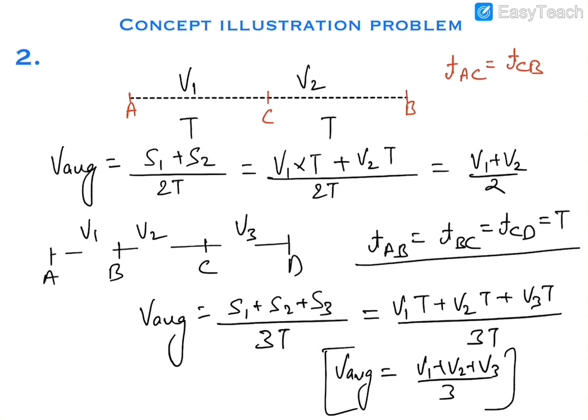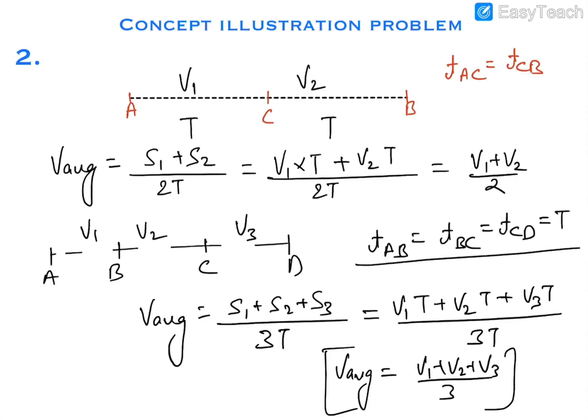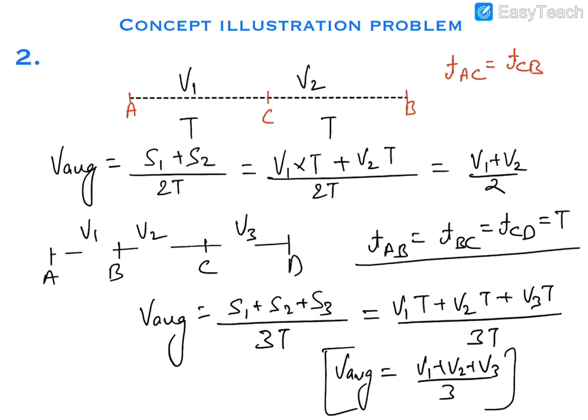Now this is the next concept illustration problem. Let us write it now. What happens if the distance is divided into 3 parts?